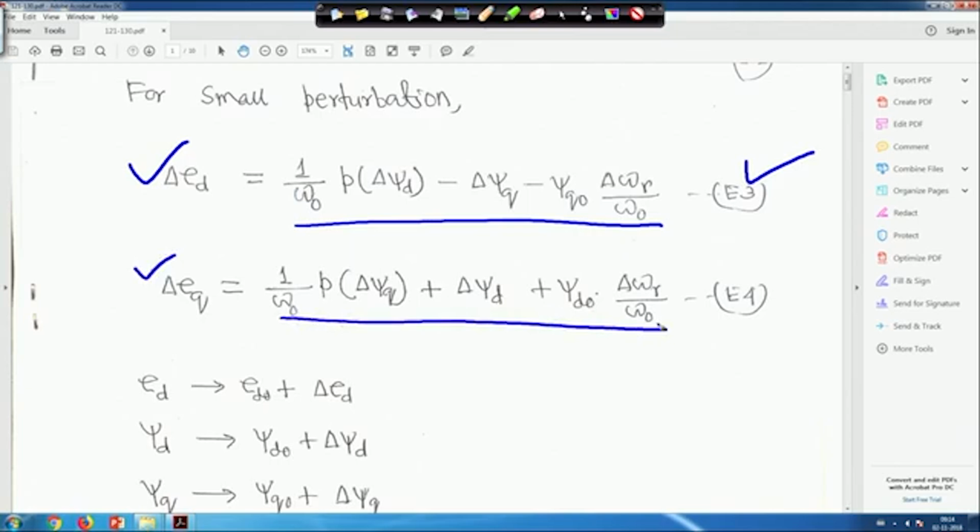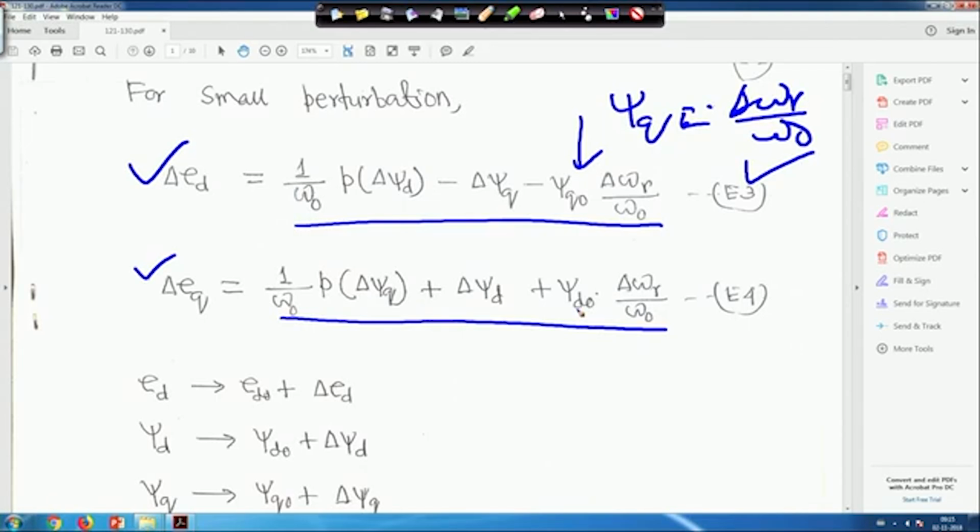In the previous case, as it is a small perturbation, there it was psi q into delta omega r by omega 0. But when you are making a small perturbation, psi q can be changed to psi q 0. Similarly, psi d will be changed to psi d 0.